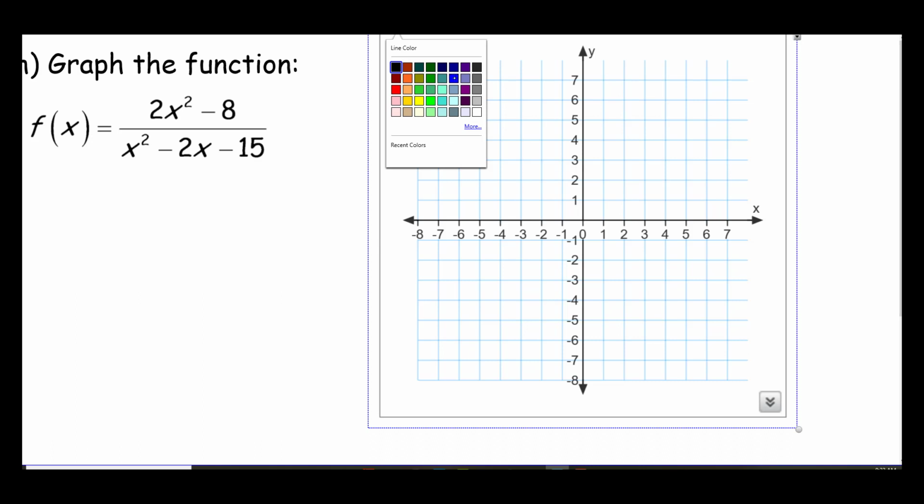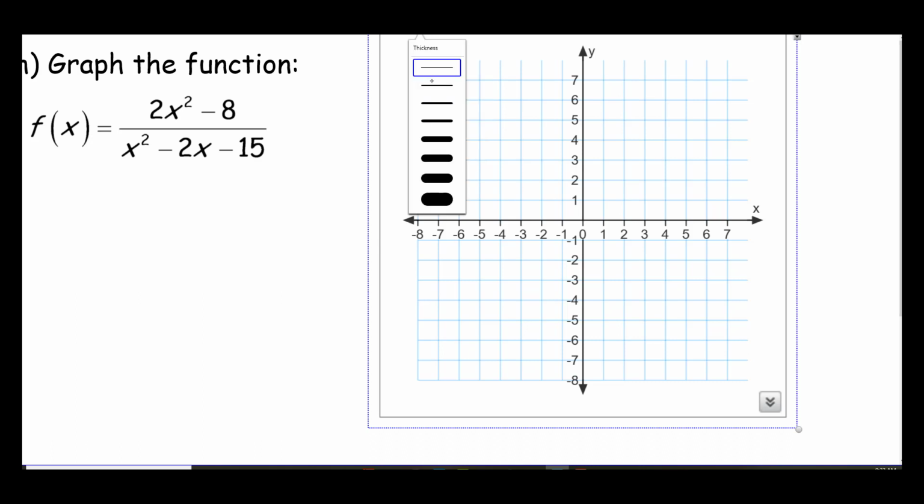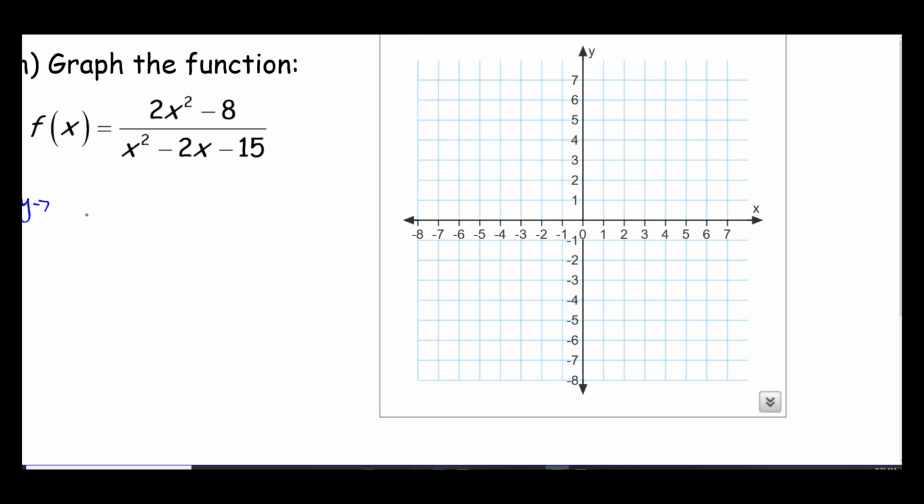I'm going to do this one in blue to start anyway. So I'm going to go through and plot everything. You remember my y-intercept was, what was it, 0, 8/15. My x-intercepts, there were 2 of them, negative 2, 0, and 2, 0.